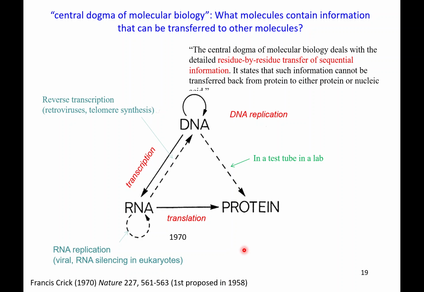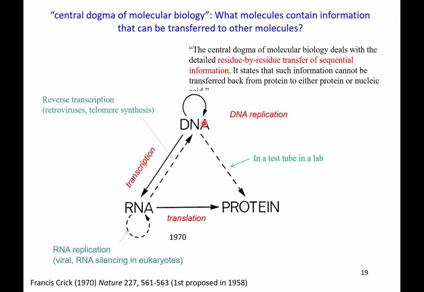But since we've been researching this for something like 60 some years, there have been some other discoveries that have shown you can have DNA information going to DNA, that would be DNA replication. Okay, these dashed lines are filled in too from the subsequent work in the decades since then.